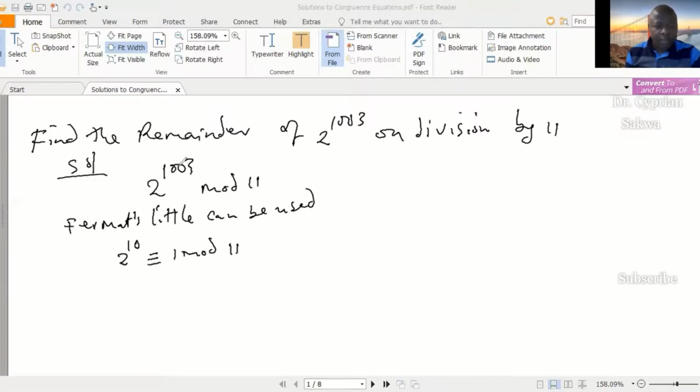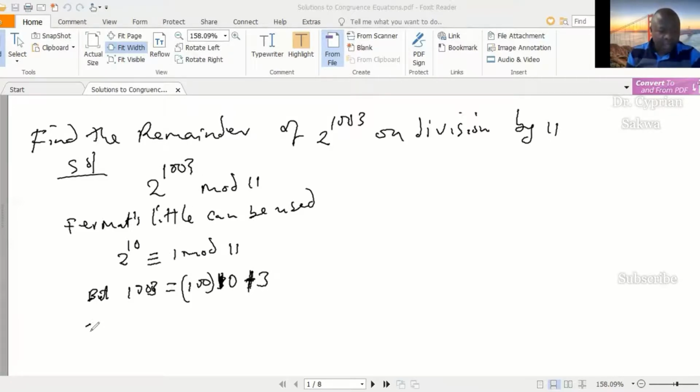But the power that we want is 1003, so we write it in terms of 10. 1003 is 100 times 10 plus 3. 3 is the remainder when 1003 is divided by 10.